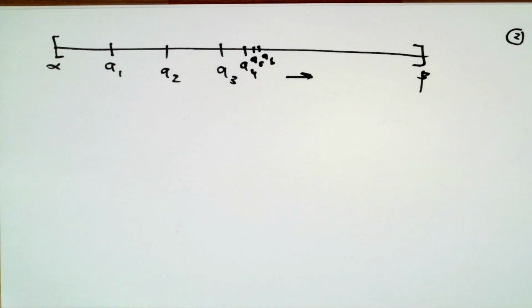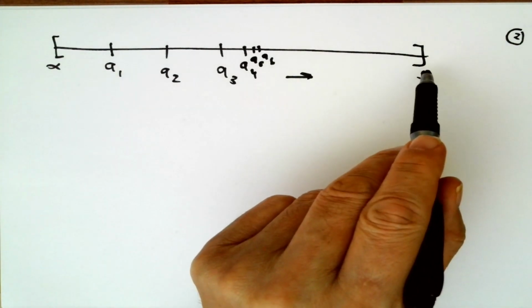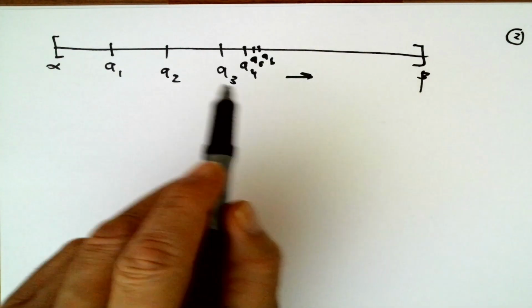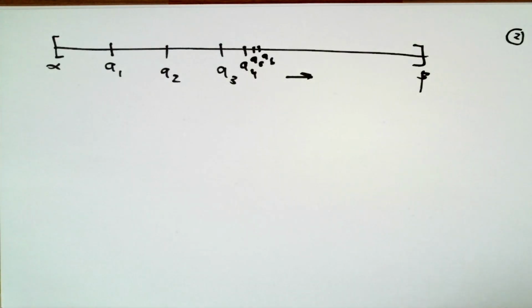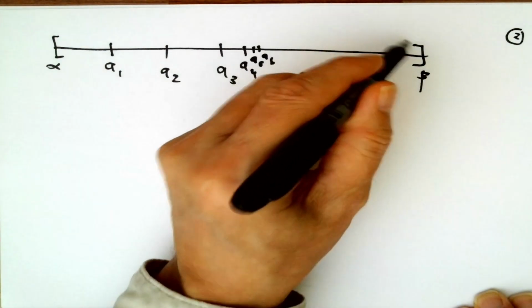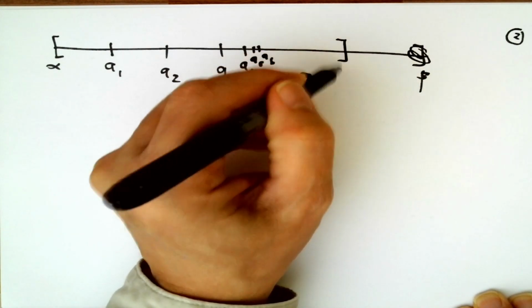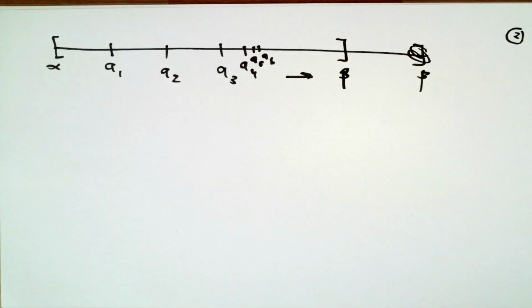Alpha to beta is an interval that contains all of the A numbers, but it may be a loose fit. It could be that beta is considerably bigger than any of these A numbers or any number that those A numbers are close to. It's conceivable that I could make beta smaller and still have an interval that contains all of the A numbers.